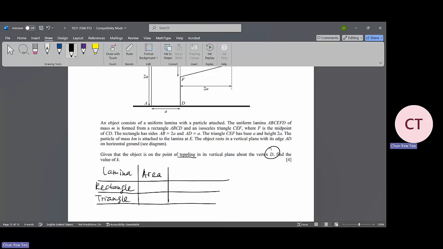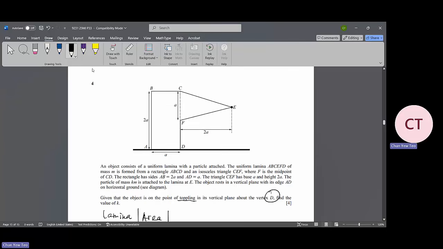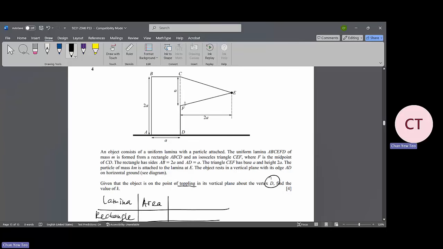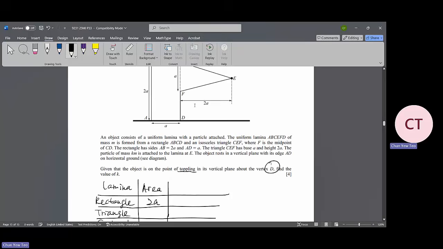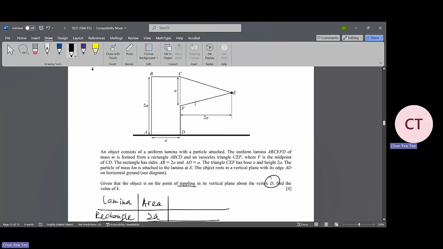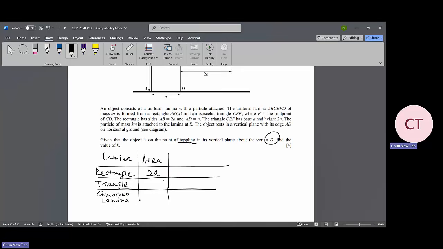So this is the combined lamina. The area for the rectangle is 2A square. The area for the triangle is half times the base times the height, which will be A square. In total, you have 3A square.